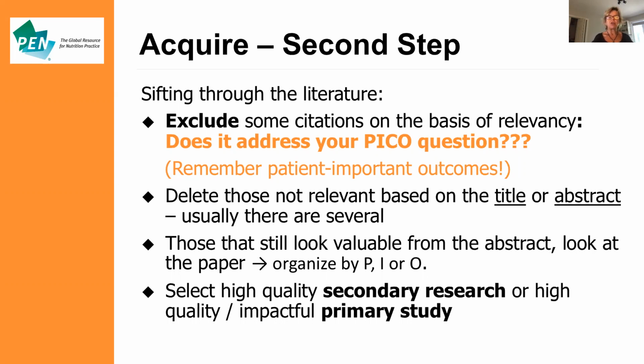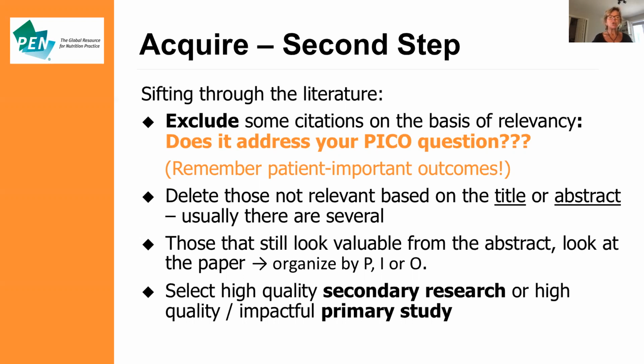You might be looking at interventions that were done in food banks versus those that were done in community kitchens. Or by outcomes, those outcomes that look at very broad clinical endpoints versus those that are looking at more specific or psychological endpoints.